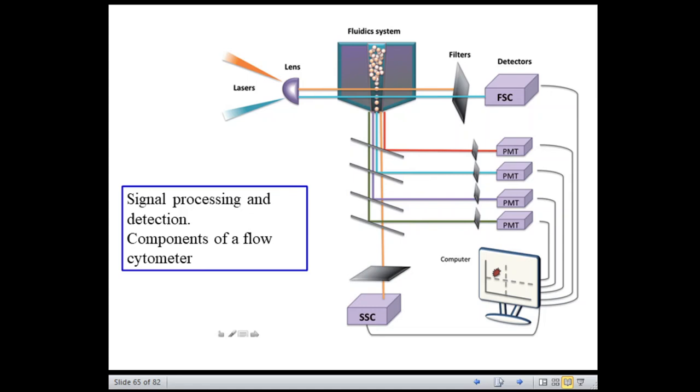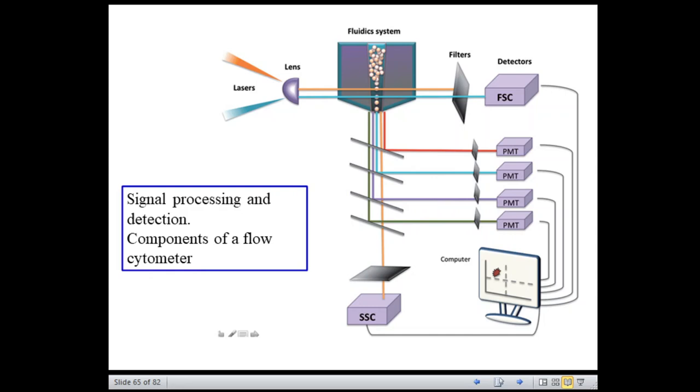Photodiodes detect the stronger light signals, while photomultiplier tubes are used to detect the weaker signals. Now the stronger light signals are generated by forward scattering, and weaker signals are generated by side scattering as well as fluorescence.